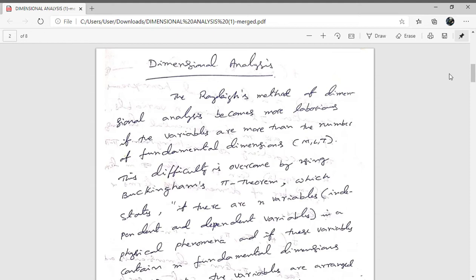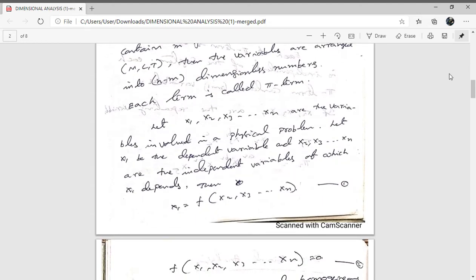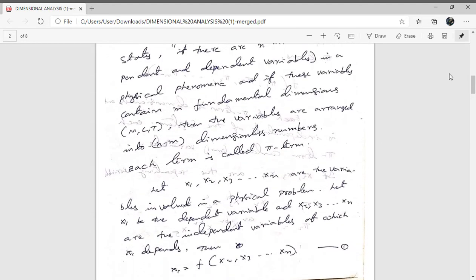Suppose when we are using Buckingham Pi theorem to solve a heat transfer problem, the particular problem consists of n number of variables, and in these variables, we are using m fundamental dimensions.